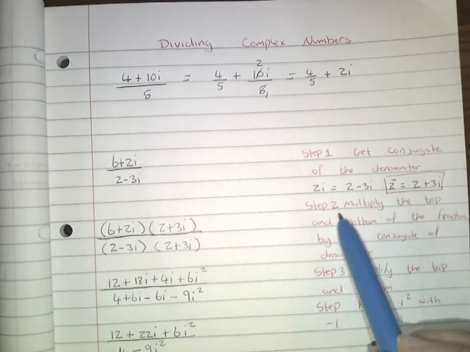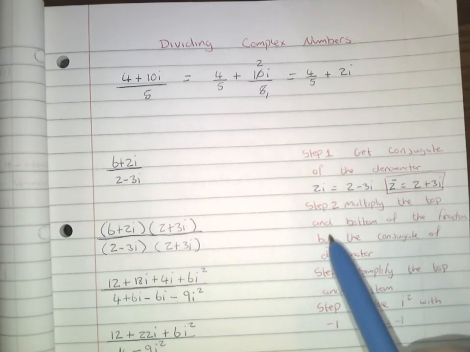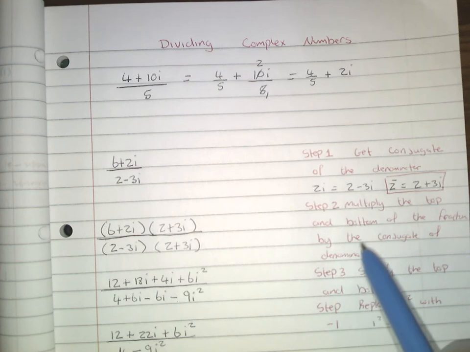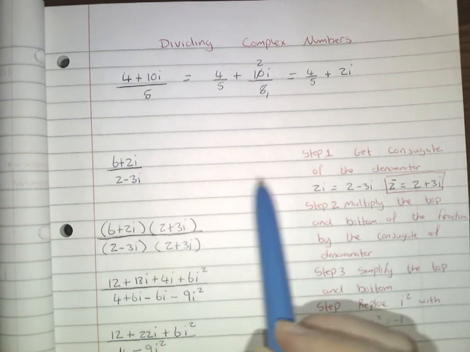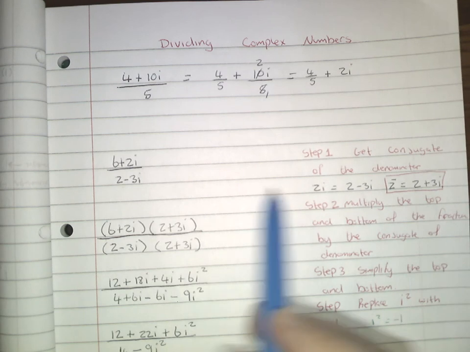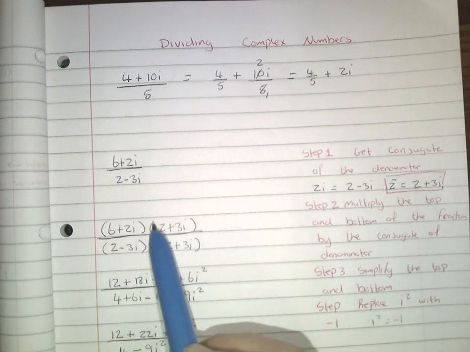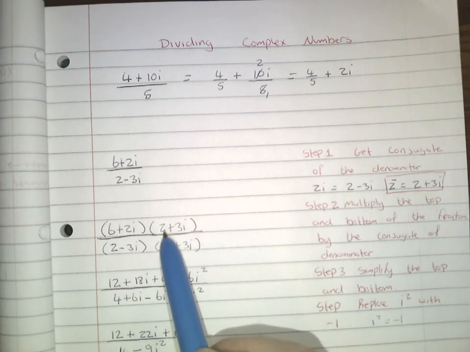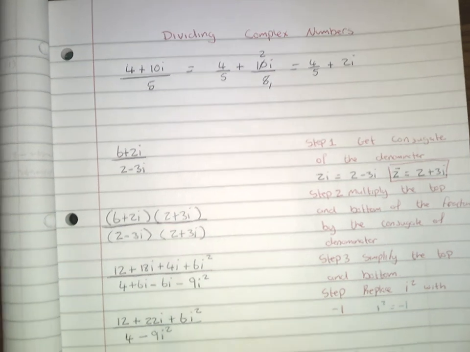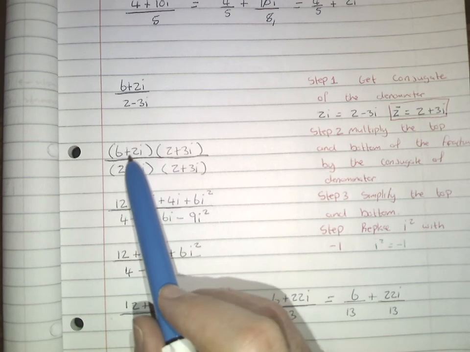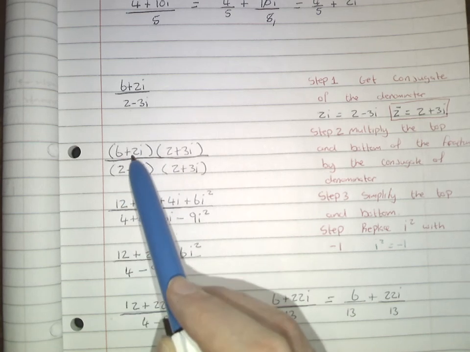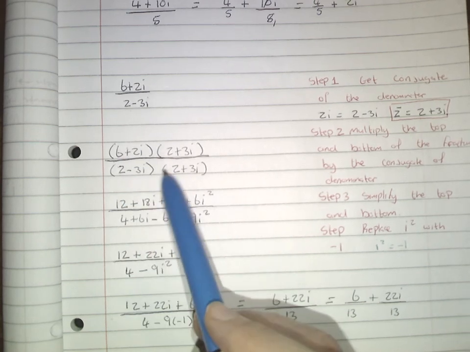The next step is to multiply the top and the bottom of the fraction by the conjugate of the denominator. So it looks like that. All you're doing is multiplying this by this and then this by this.